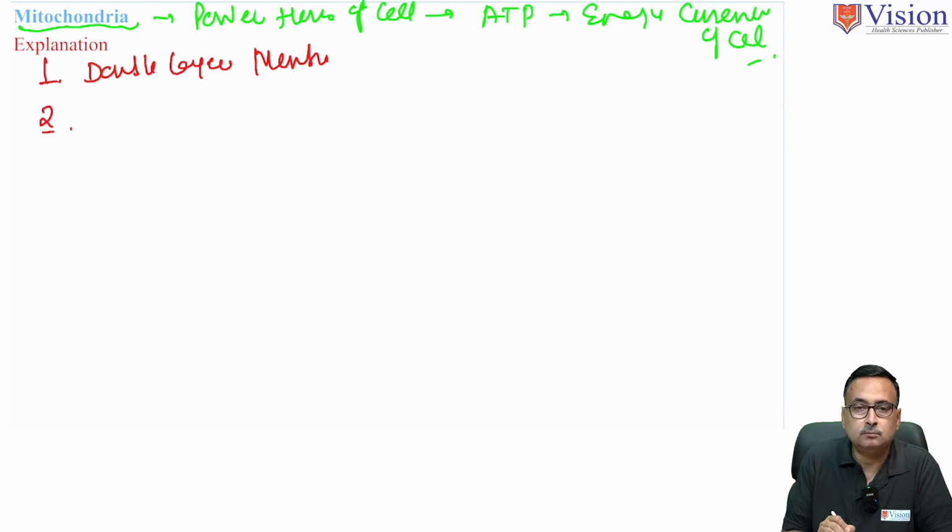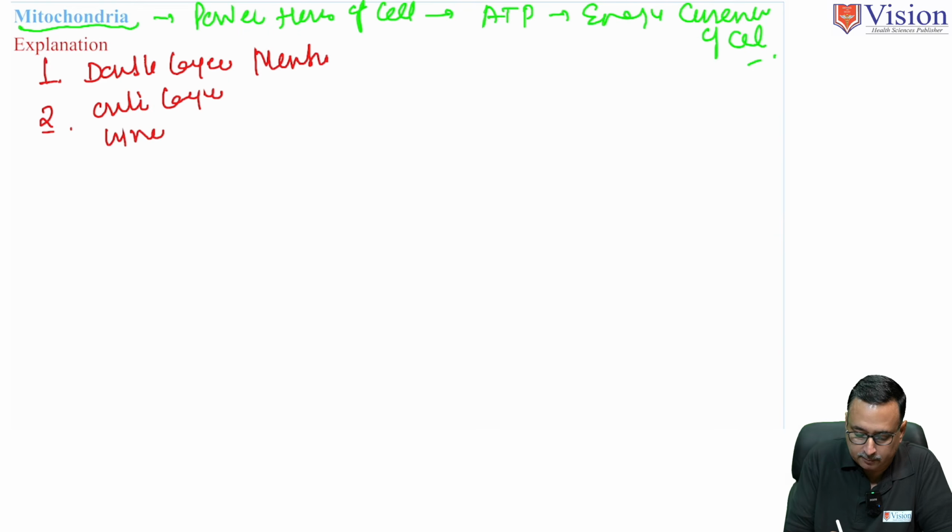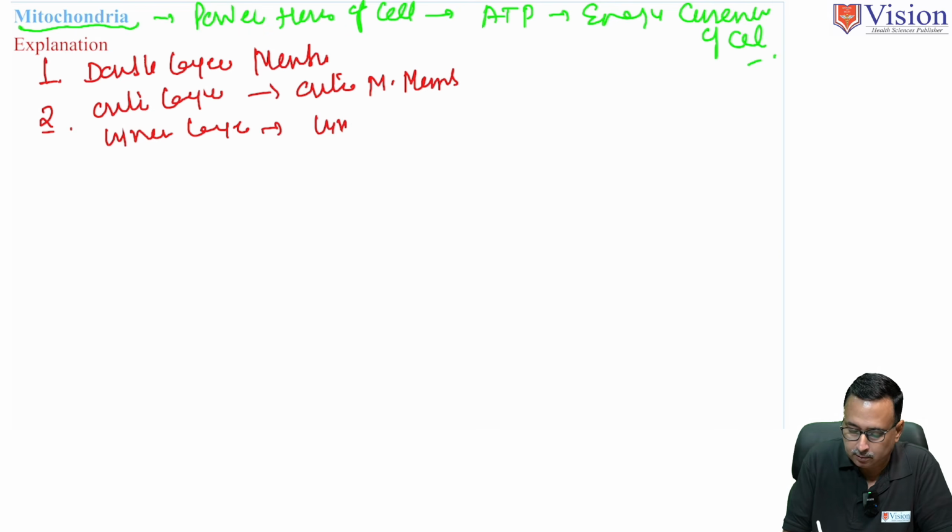Second, it has the outer layer and inner layer. This is the outer mitochondrial membrane, and this is called the inner mitochondrial membrane.